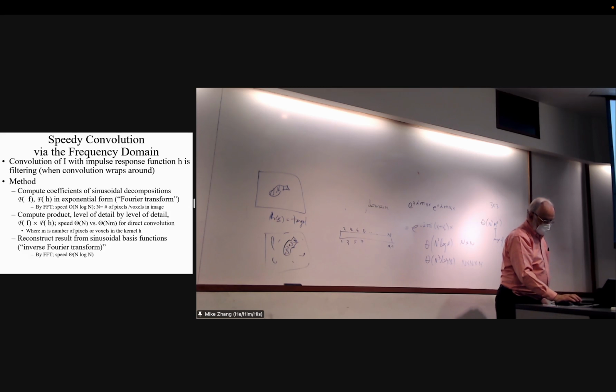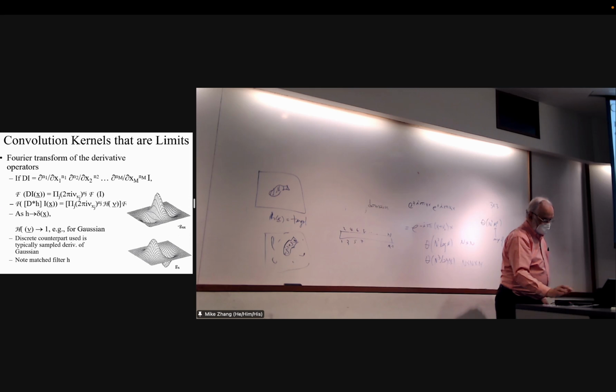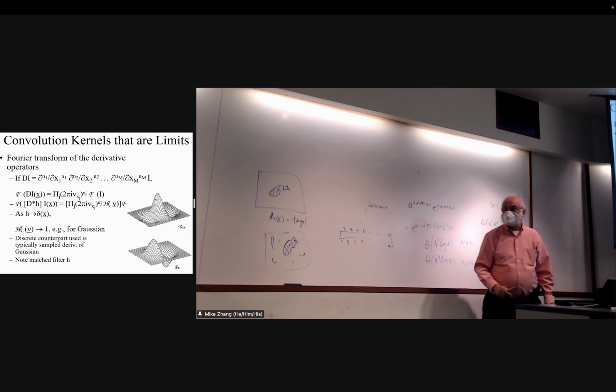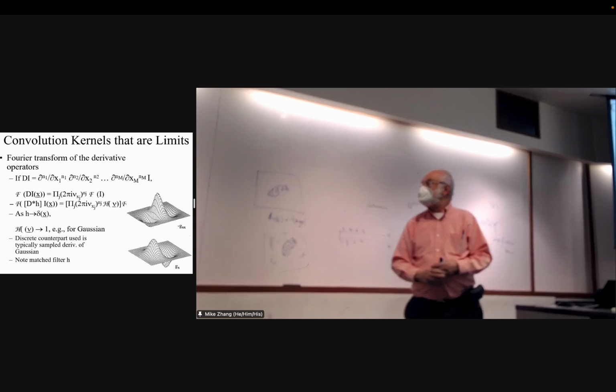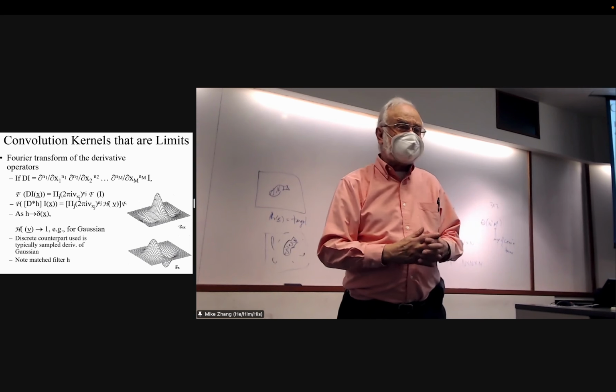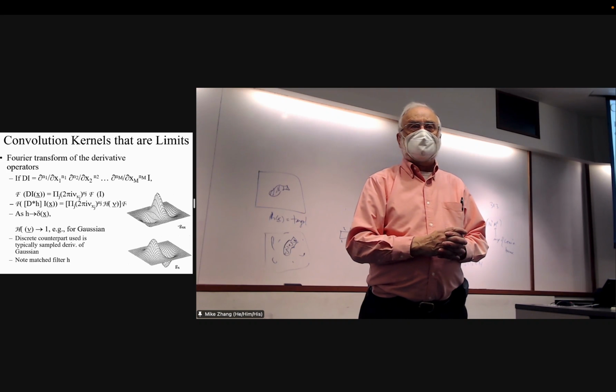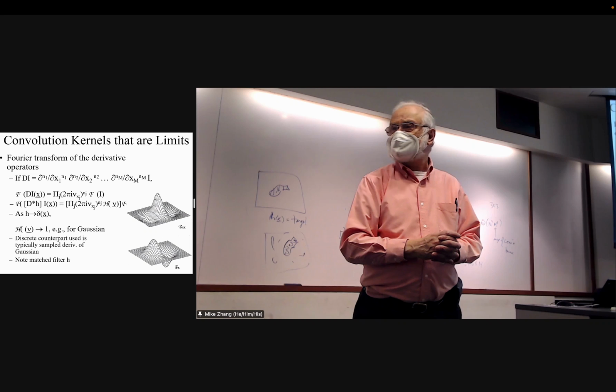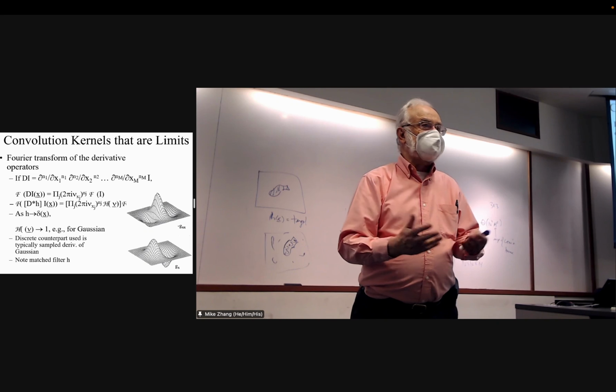Likewise, this one here looks like a bar. It's got these little side lobes, but nevertheless, the main feature is bar-like. So essentially what you're doing when you're using these derivative operators is using them as matched filters.